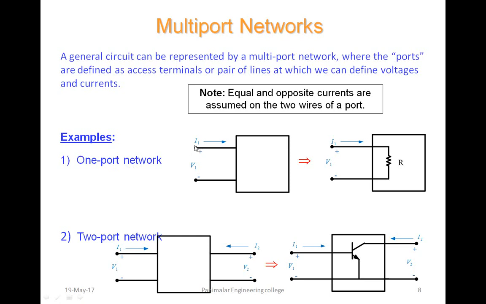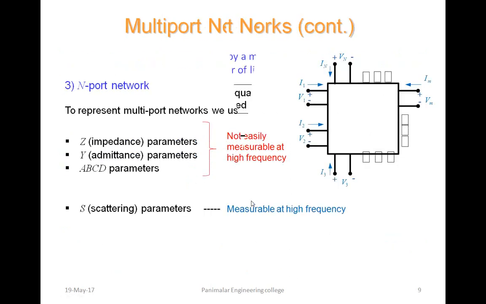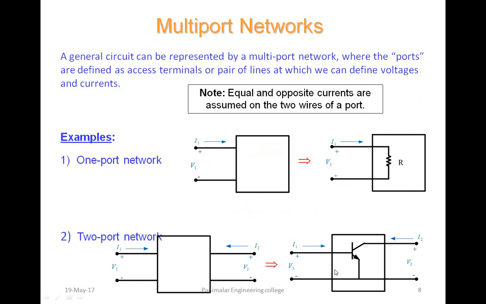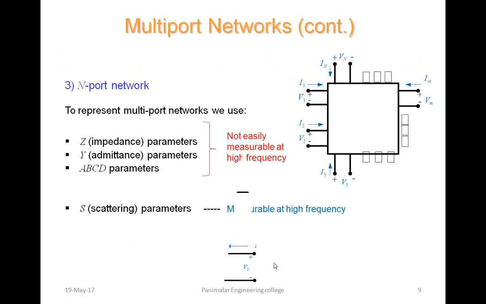Here you have current 1, voltage 1, and the suffix represents the respective port. The next one is a two-port network, whose analysis has already been done. Coming to the analysis of an N-port network, an N-port has N currents and voltages.